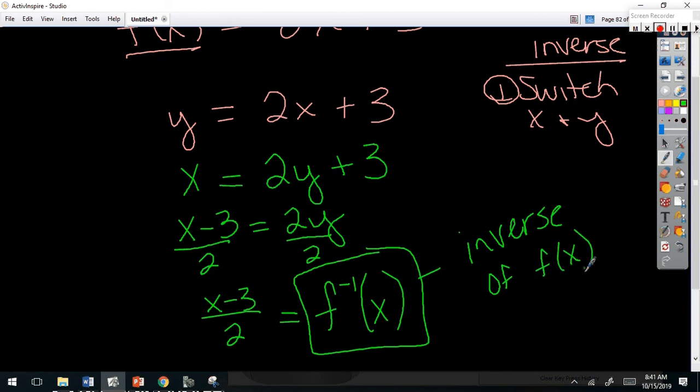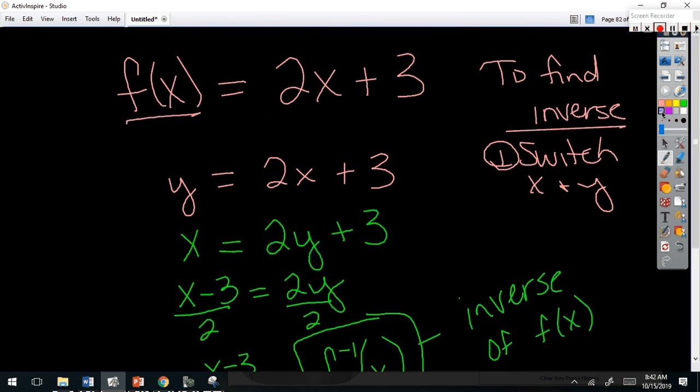Now I want you to think about something a little bit harder with me. Let's go back to when we were analyzing functions. This is a really easy one; we'll do a harder one in a second. What's the domain of f of x?